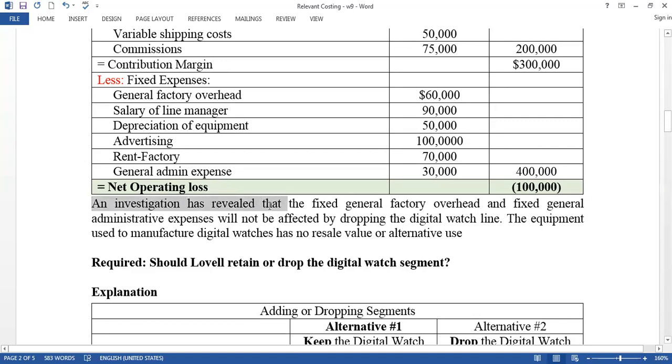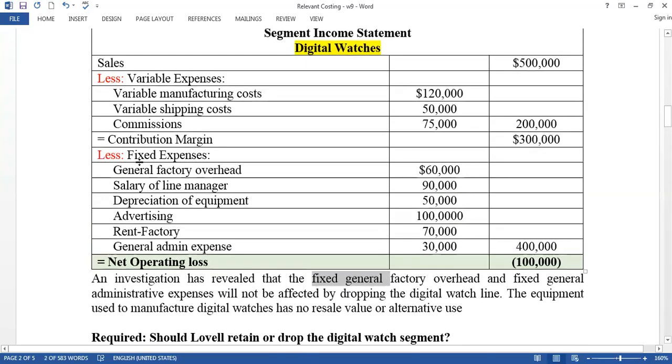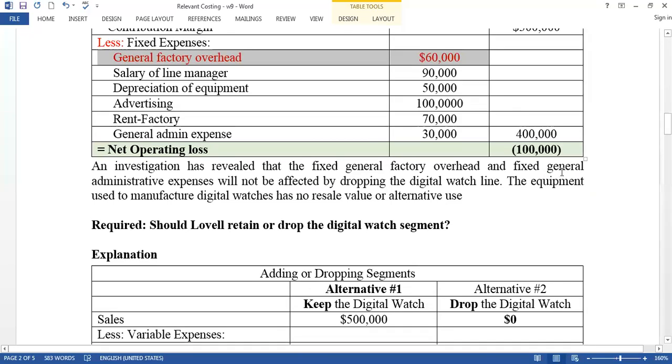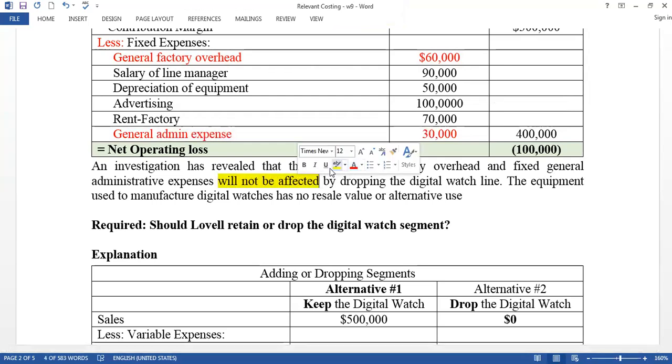An investigation has revealed that the fixed general factory overhead and fixed general administrative expense will not be affected. Keyword. Okay, important keyword. Will not be affected by dropping the digital watch line.